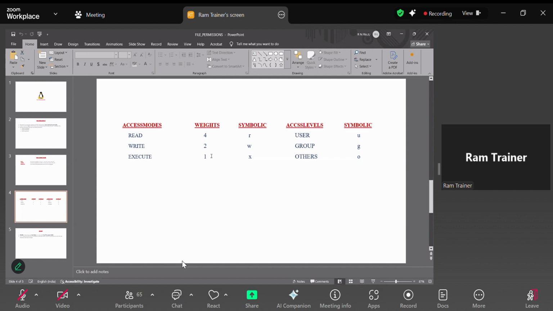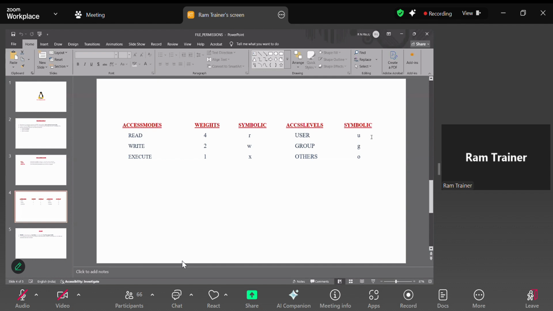Those who know these three values can easily manage file permissions. If you know the three values, you can manage entire system security. Remember the three values: read value 4, write value 2, execute value 1. And the read symbolic form is R, write symbolic form is W, execute symbolic form is X.